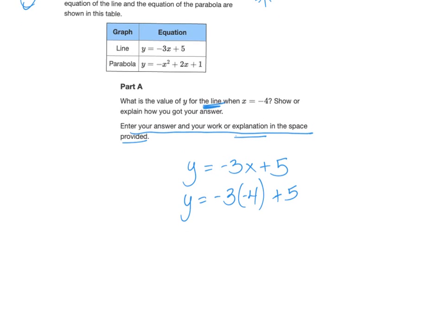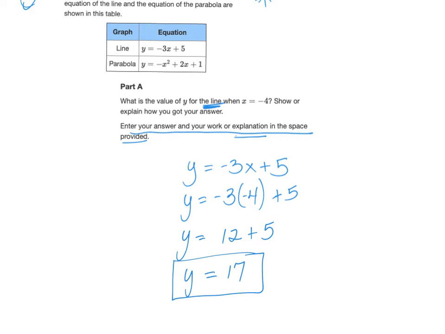Now remember, when we do order of operations, we have to multiply before we can add. So that means a negative 3 times a negative 4 gives me a positive 12. And then when I add 5, I get y equals 17. So this is your answer.